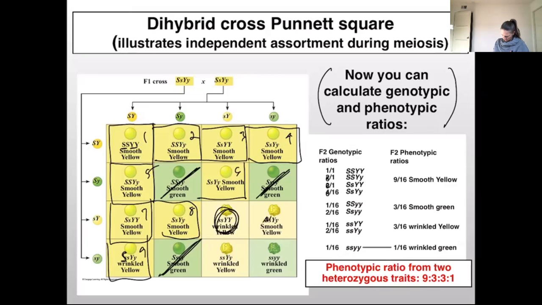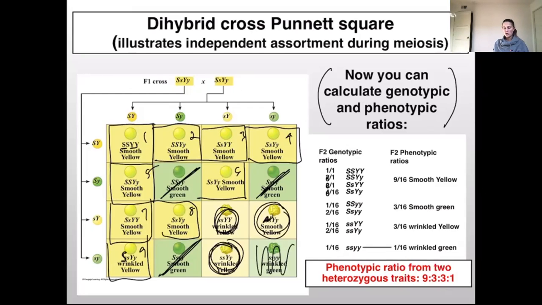This should also be little, right? So that's going to be yellow smooth as well. And this should also be yellow smooth. This is not a great figure because there are some mistakes. 3. And then we have our green wrinkled, right?